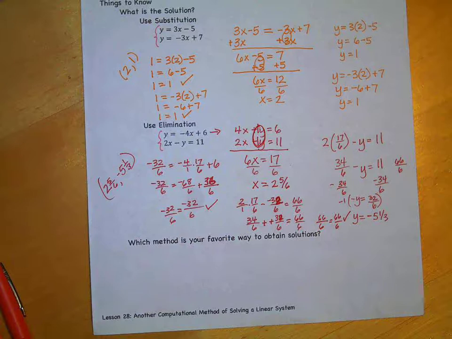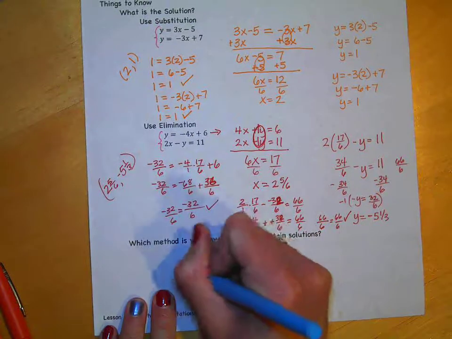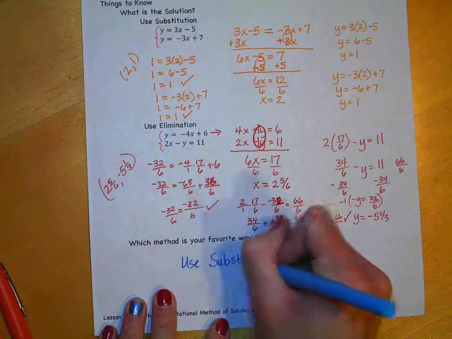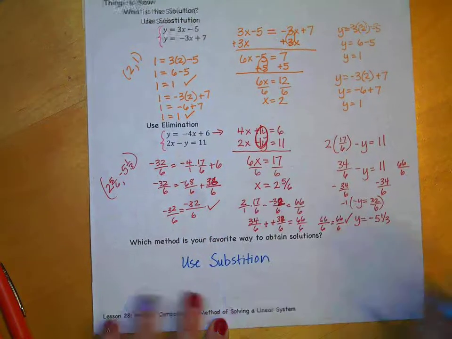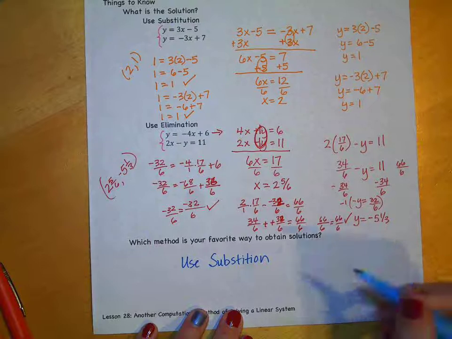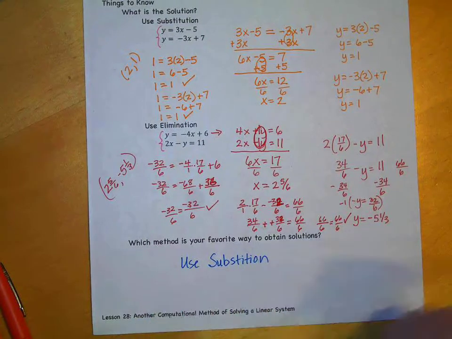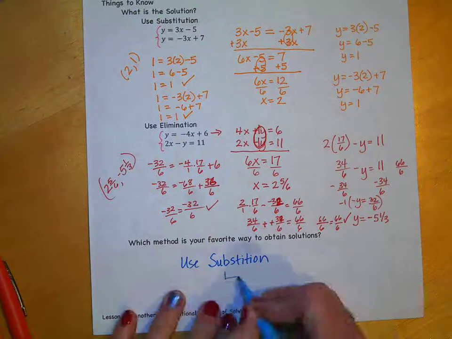All right, so which method is your favorite way to obtain solutions? For me, my favorite method is to use substitution. I love using substitution because all I have to do is identify what the value is for one of the variables, and then once I have that identified, I plug it in, and then I'm able to solve.